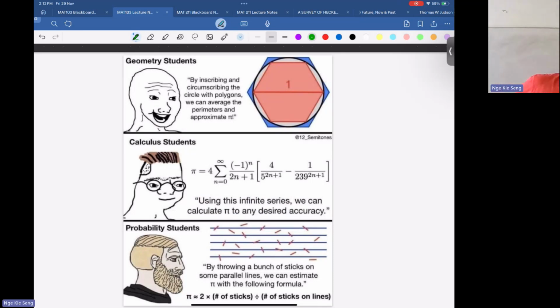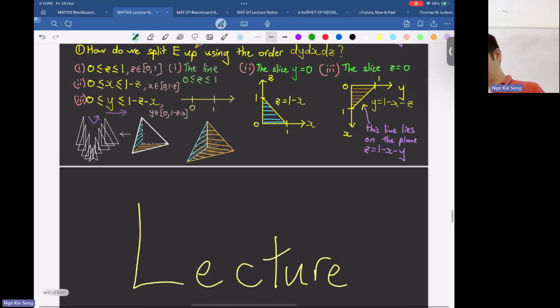Okay, let's continue. There are a few more examples regarding these Houdini things.